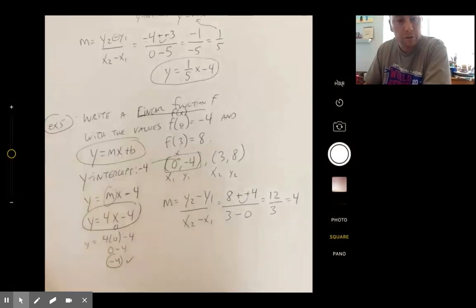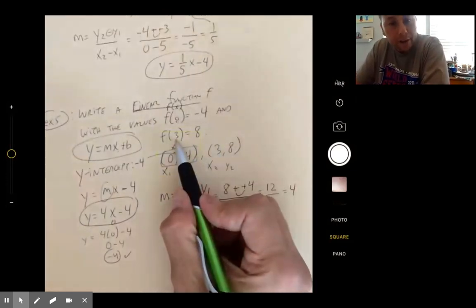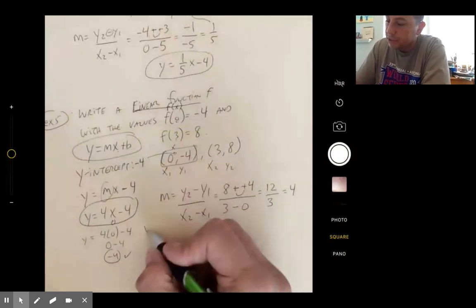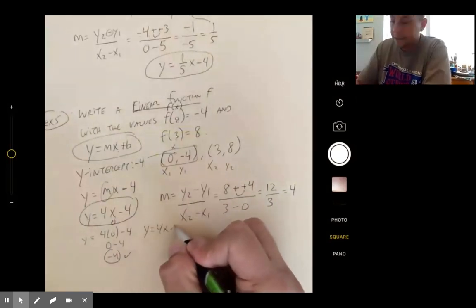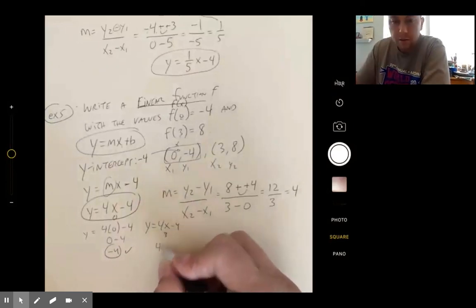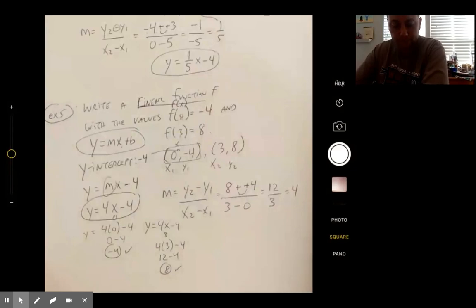That makes -4. So check. It also is telling me when I plug in a 3, it's going to generate an 8. So let's go back into this one. I'll write it over here. And let's plug in a 3. 4 times 3 minus 4. Well, this makes 12 minus 4, which is also 8. Which generates my next answer.